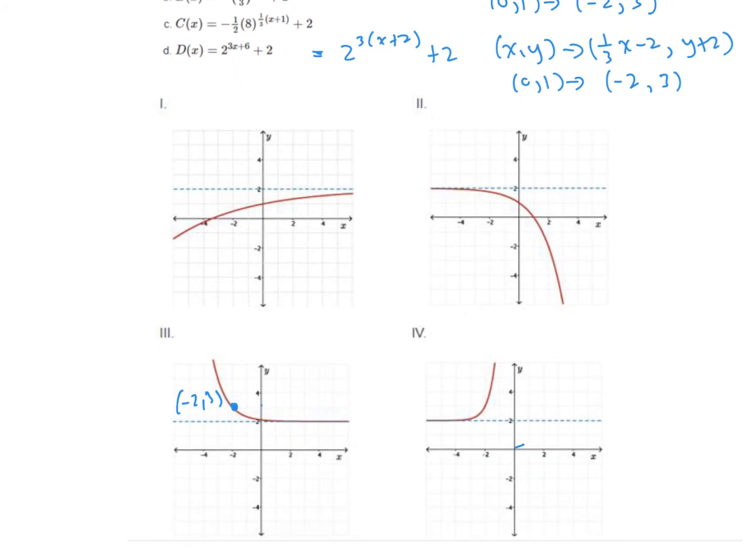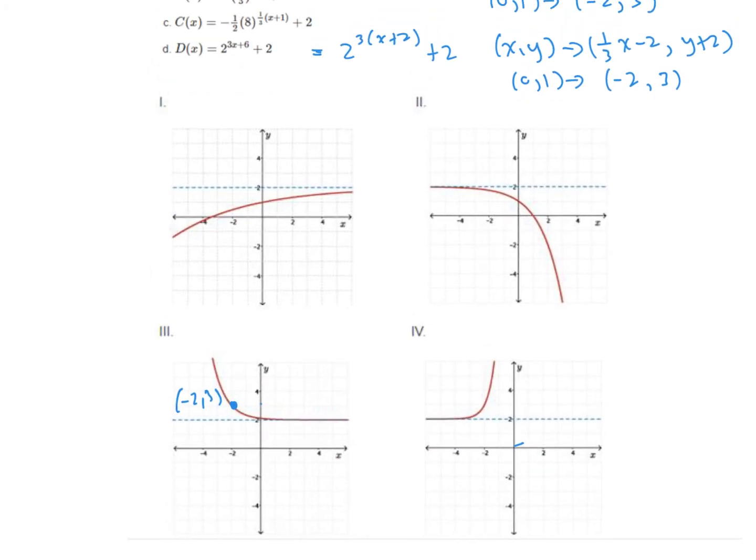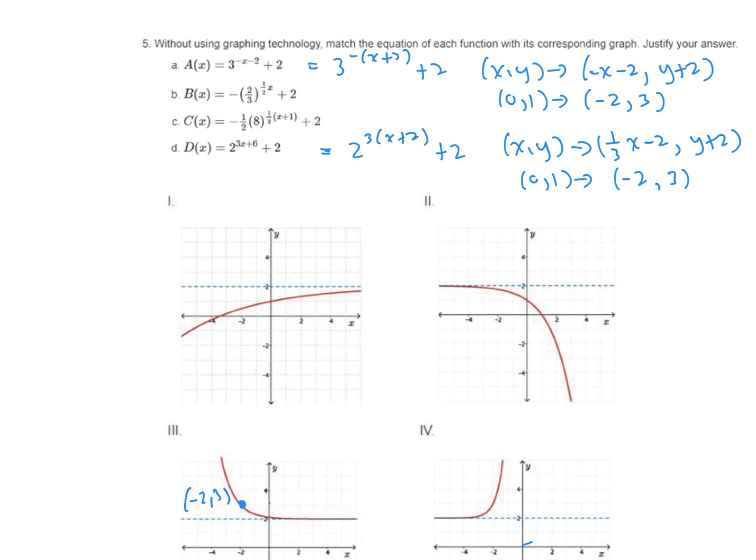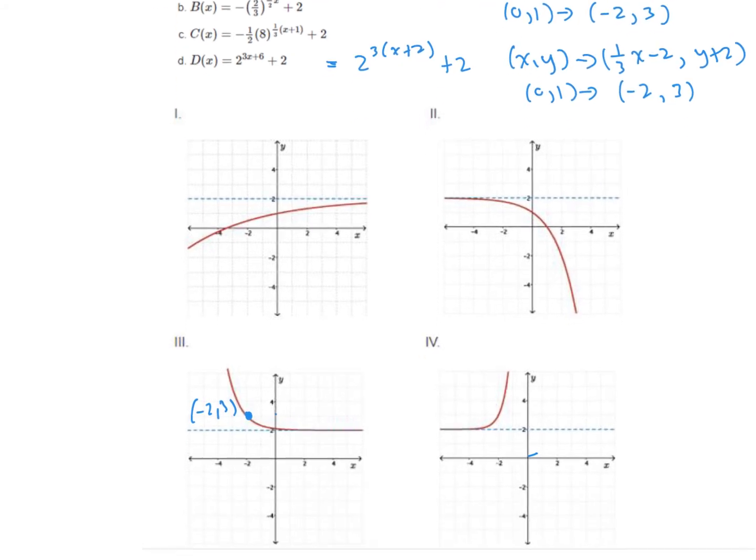Oh, I forgot one thing we're missing is that the negative on the equation A, that's been horizontally reflected. So that means that D has not been horizontally reflected. So that's still going to look like the normal 2 to the power x. A has been horizontally reflected. So this one would be A because it's been horizontally reflected.